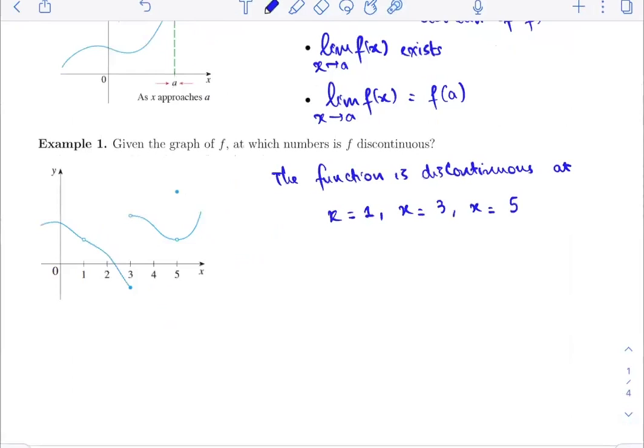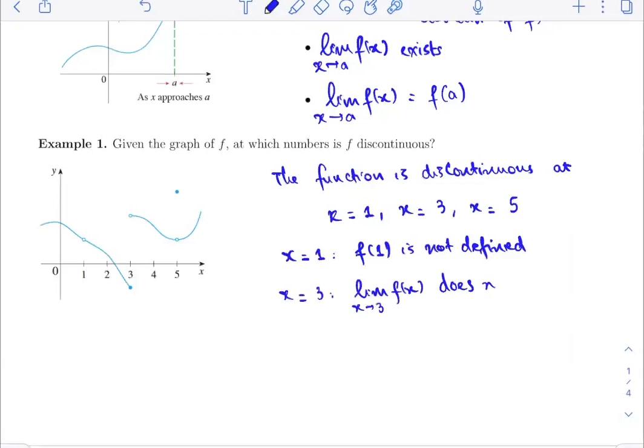We can clarify the idea of discontinuity as follows. At x equal to 1, you can see that f of 1 is not defined. At x equal to 3, the limit does not exist. So the limit of the function as x approaches 3 does not exist.